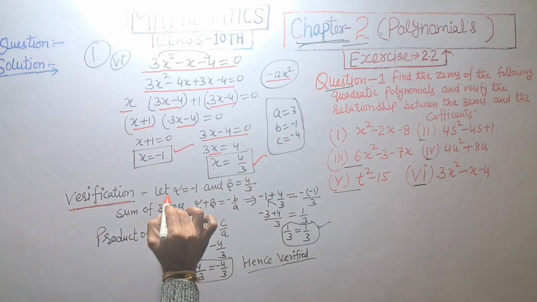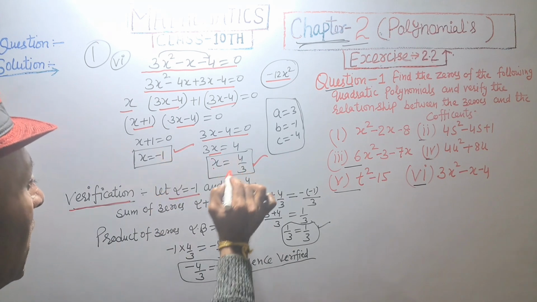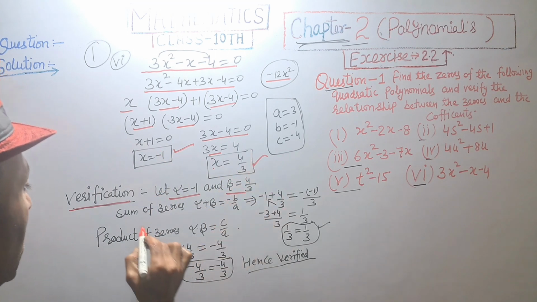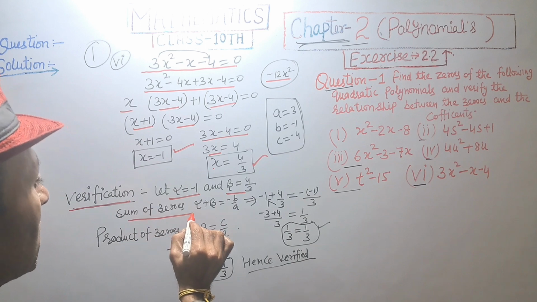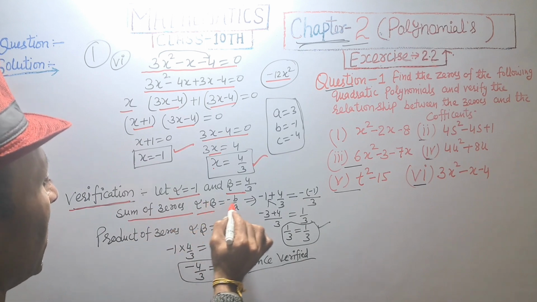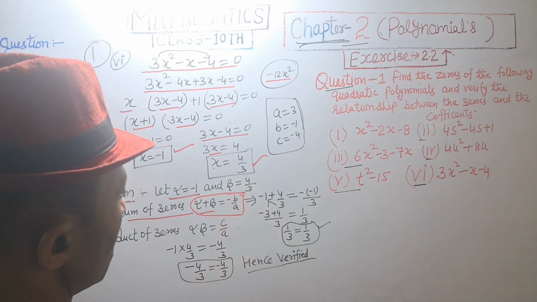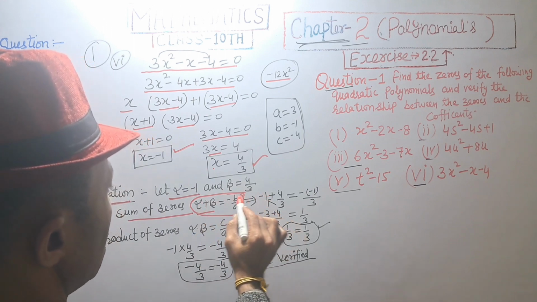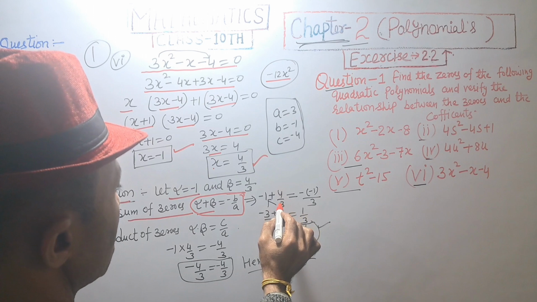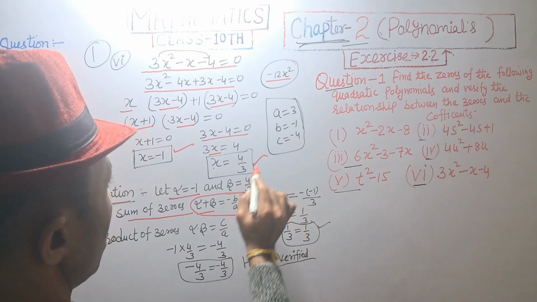Verification: let alpha equal to minus 1 and beta is equal to 4 upon 3. Sum of zeros, that is alpha plus beta equal to minus b upon a. Alpha is minus 1 plus beta is 4 upon 3, that is equal to minus b upon a.